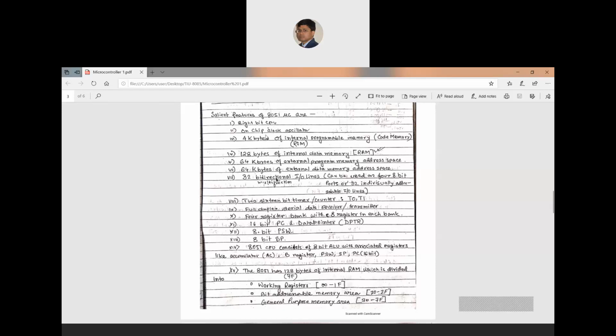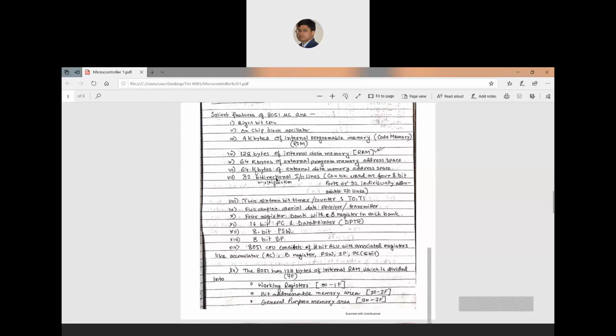So from this discussion, we can conclude that though there is a provision to expand the size of RAM and ROM structure in 8051, I cannot go beyond 64 kilobytes.